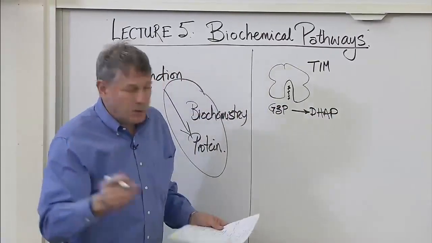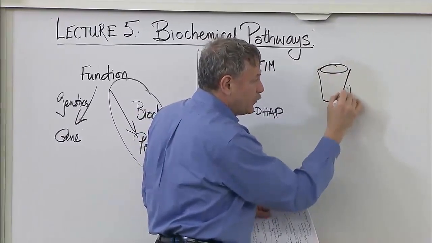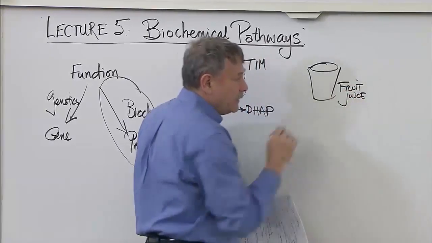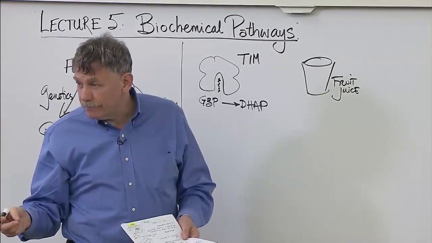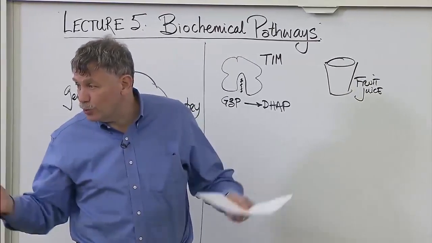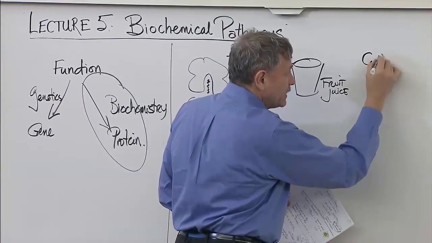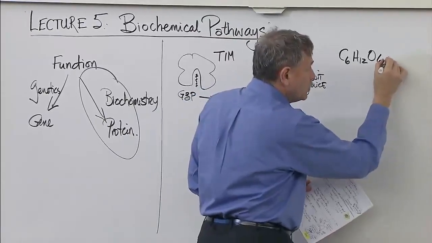But what does that have to do with how we go from our glass of fruit juice, which has yeast in it, and the fruit juice has a 6-carbon sugar, let's say it has glucose or some other 6-carbon sugar. A 6-carbon sugar, remember, C6H12O6, and it's going to ferment.